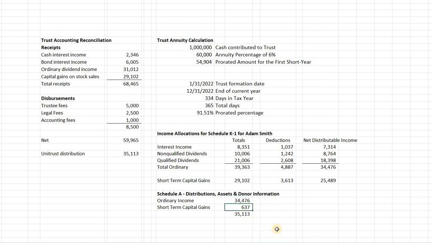So $637 of short-term capital gains is going to be distributed to Adam, and that comprises the total $35,113 of ordinary and short-term. So that's how we arrive at, well, okay, we know $35,113 has to be paid out to him, and what's going to be the breakdown amongst these general categories.